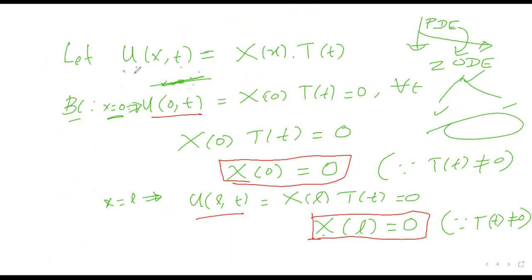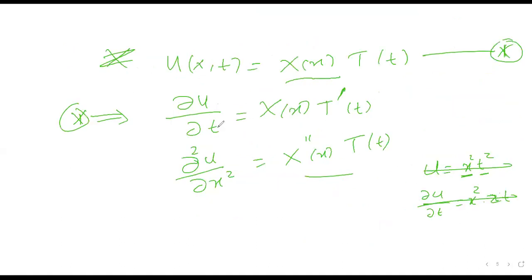Then I put in my boundary conditions to get X(0) and X(L). Since my equation has ∂u/∂t and ∂²u/∂x², I partially differentiated u with respect to t as well as twice with respect to x.